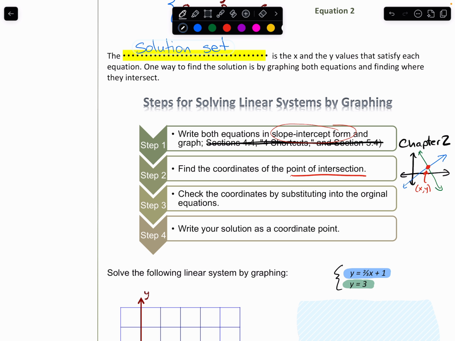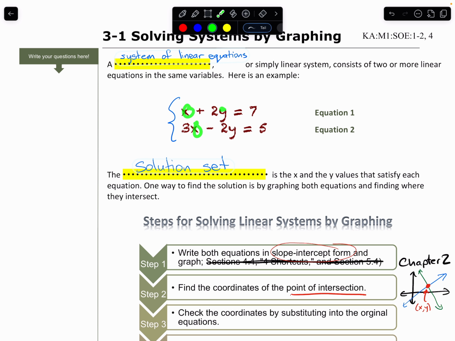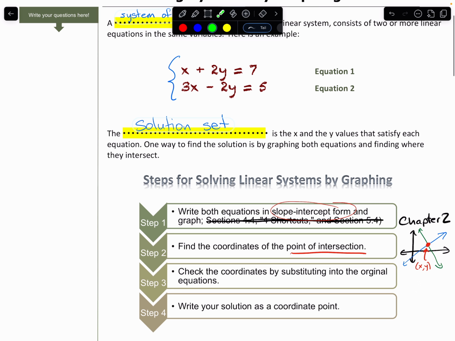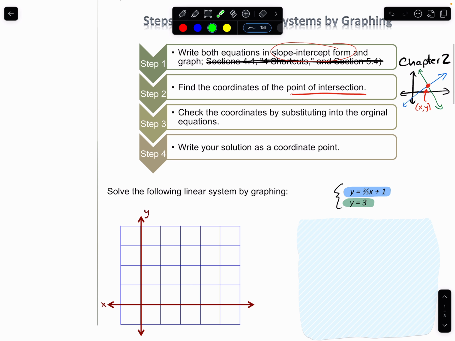Step 3, we need to check the coordinates by substituting into the original equation. So we would take these numbers, this xy pair, and we'd plug those in to both equations to make sure that they actually are solutions, that we get true statements. And that check is super important.